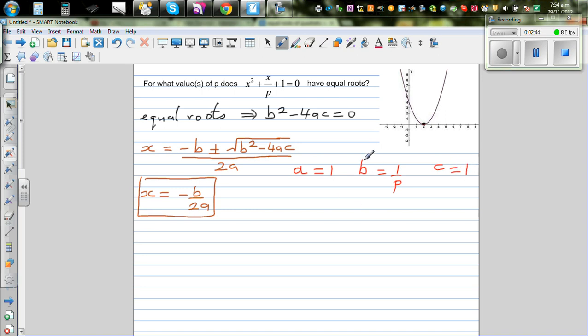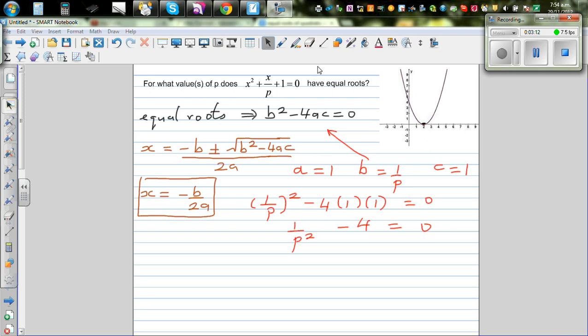So putting this in the equation, I can say 1 over p, the whole squared, minus 4 times 1 times 1 is equal to 0. So 1 over p squared minus 4 is equal to 0.